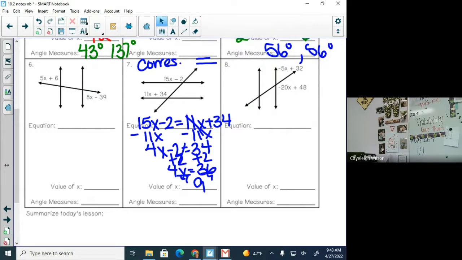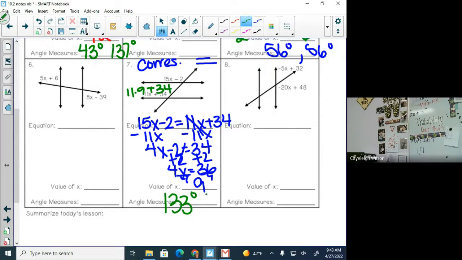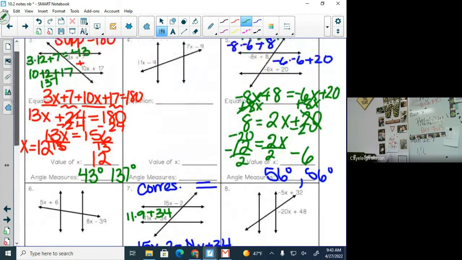Alright, and then you can go back and plug it in. So here, 11 times 9 plus 34, that's 99 plus 34, which is 133. And they're congruent, so I know the other one's 133. And I'm done.